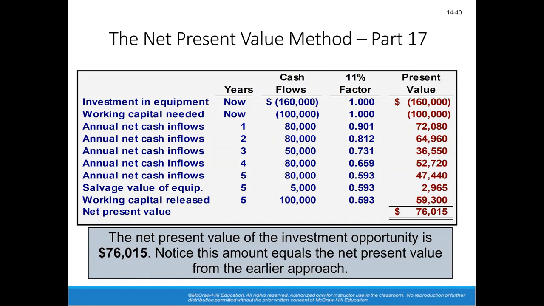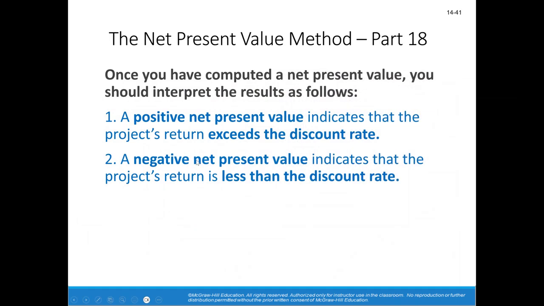And the net present value is 76,000, which again means that we would get a positive return at 11%, but in actuality, our return would be higher than 11%. A positive net present value indicates that the project's return exceeds the discount rate.